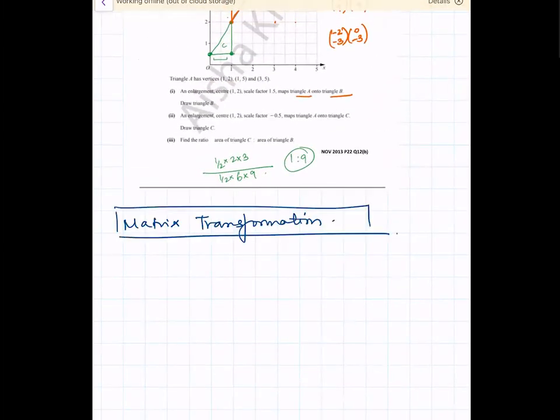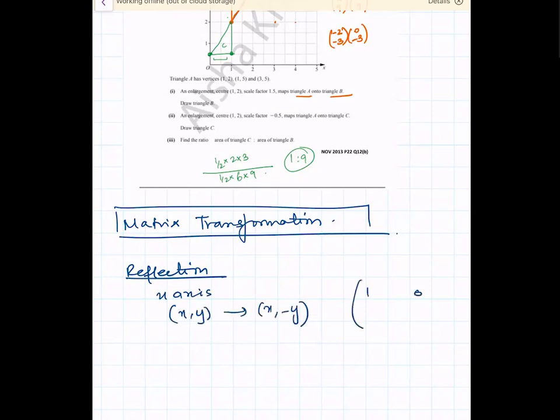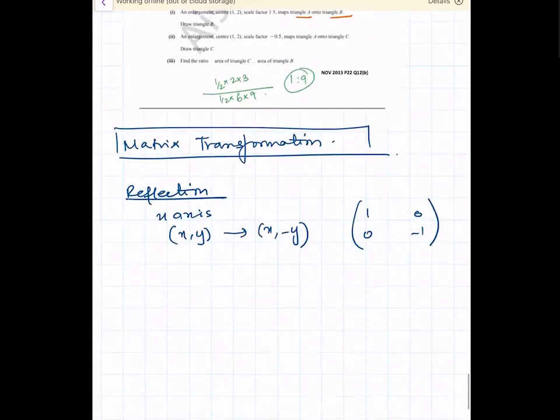In matrix transformation, you need to know certain matrices, which are reflection in the x-axis: x, y changes to x, minus y. So this makes you 1, 0, 0, minus 1. Y-axis: x, y changes to minus x, y.